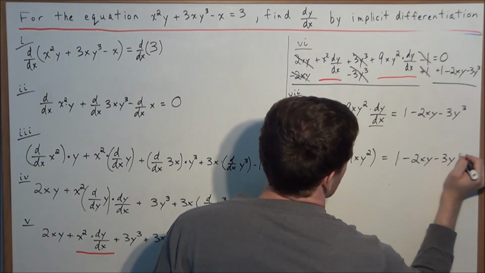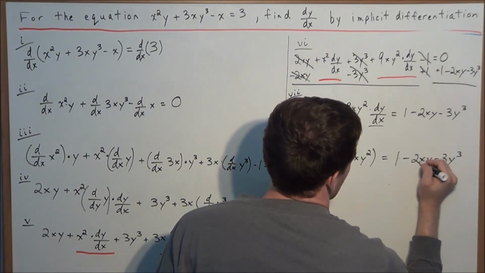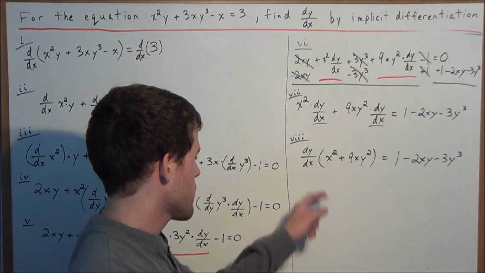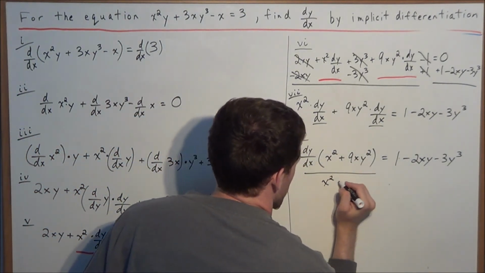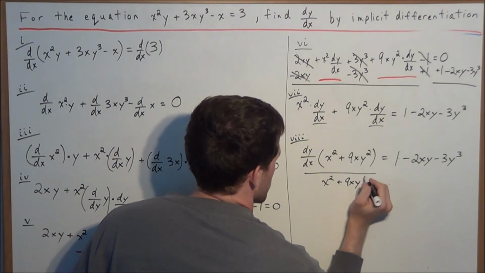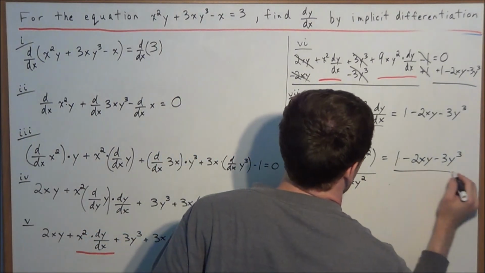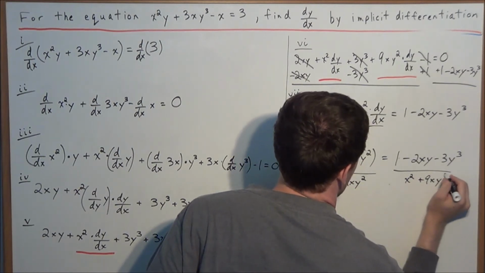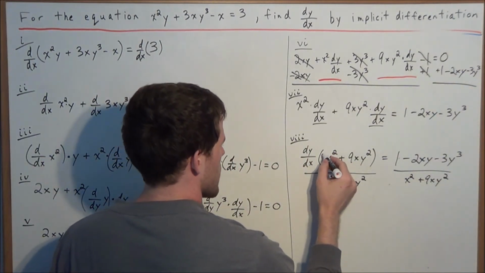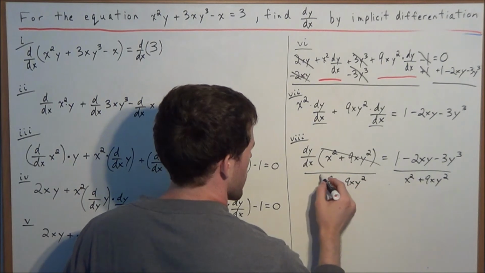So now the last step to solve for dy/dx, we're going to divide by x squared plus 9xy squared on both sides. And now on the left-hand side, x squared plus 9xy squared will cancel.